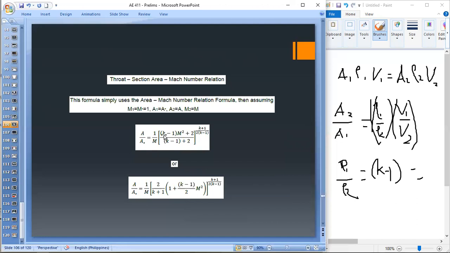Assuming na din na yung Mach number natin is 1. No? So, magagamit mo yan, na kung saan may point-to-point mo siya. Okay? So, yan yung gagamitin mong formula. So, relationship lang din yan na Mach number natin to our continuity and energy equations.